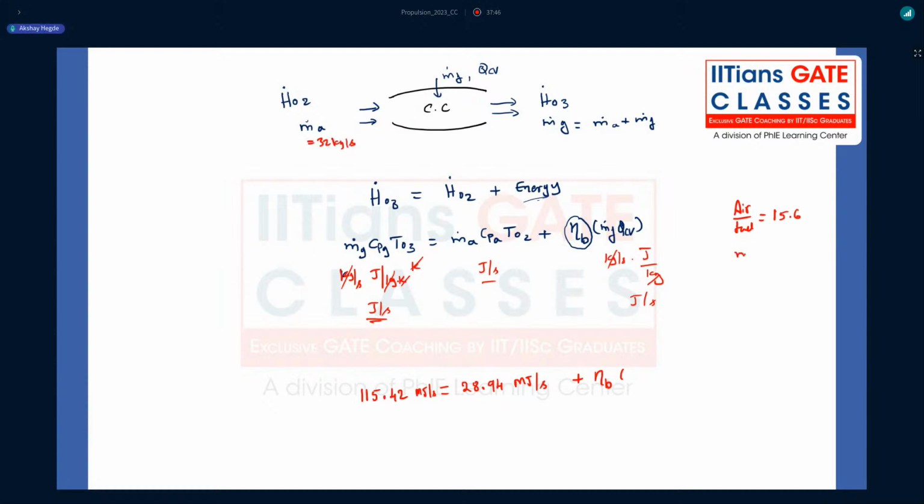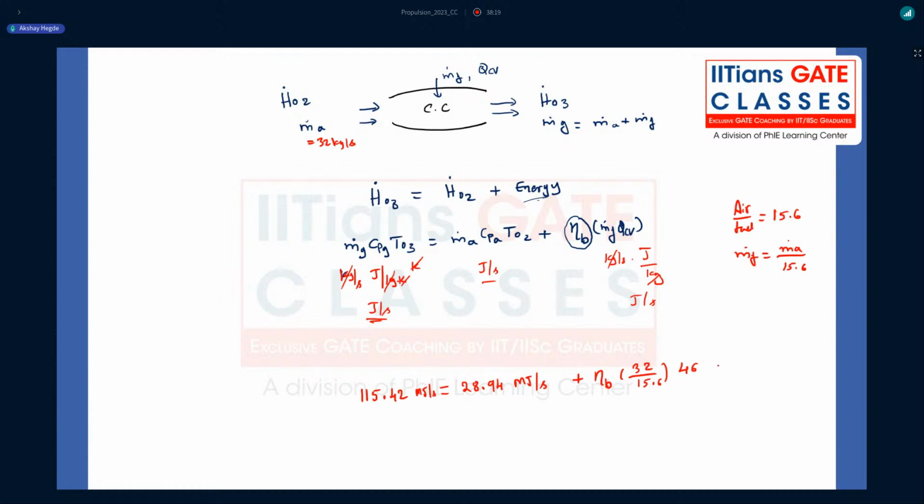I can easily calculate the mass flow rate of the fuel, which should be equal to the mass flow rate of the air divided by the air to fuel ratio, 15.6. So you can replace here 32 divided by 15.6 kg per second times the lower heating value, that's the calorific value of the fuel, that is given to you, 46 megajoules per kg.